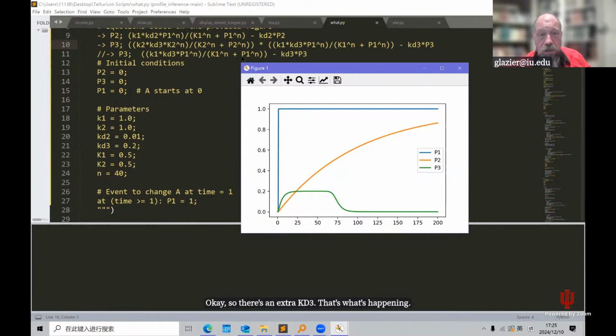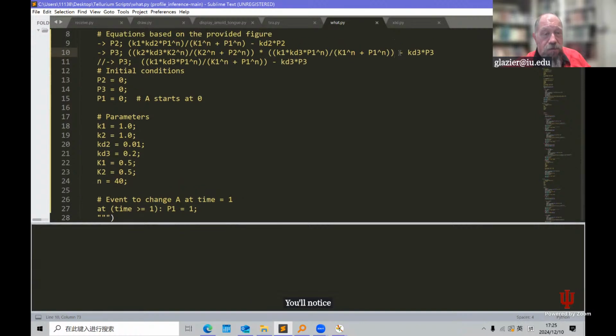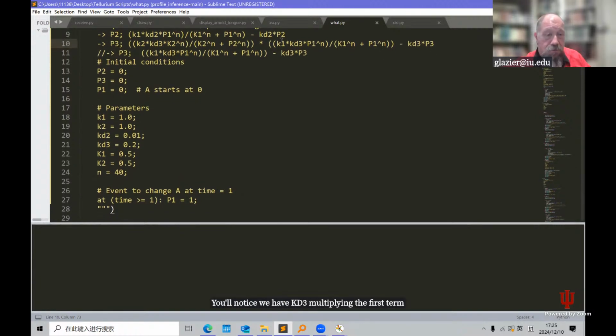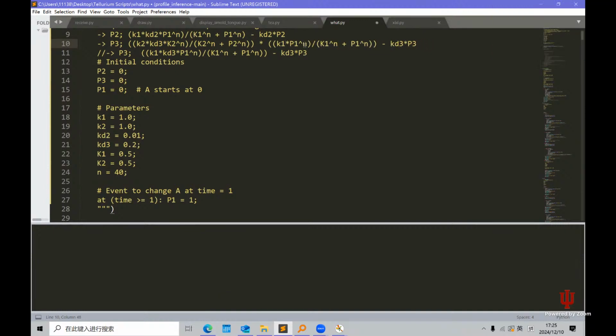So in the equation in line 10, you'll notice we have KD3 multiplying the first term and the second term. That's what's causing the problem. So we can only have KD3 once, because that's the rate. So we're going to need to get rid of one of those KD3s. There we go. Now run it.